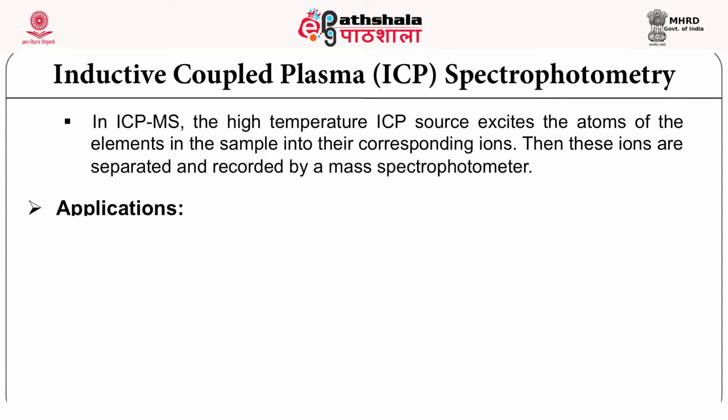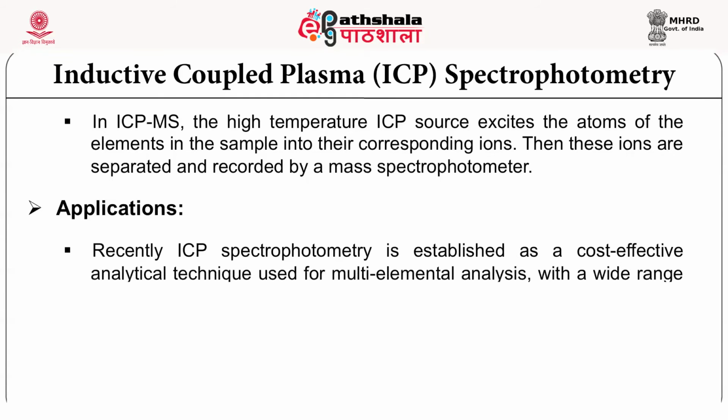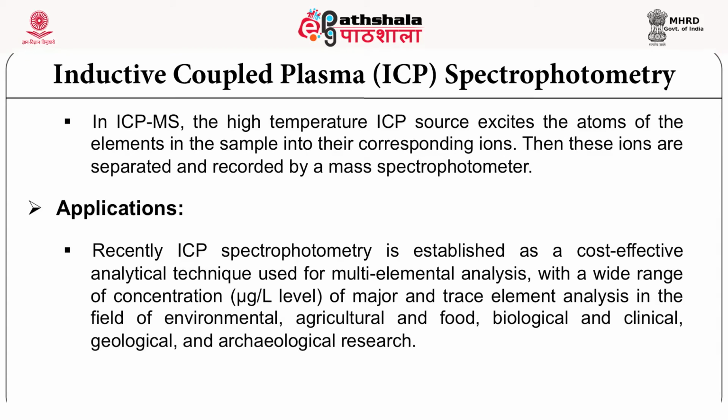Let us see the applications of inductively coupled plasma spectrophotometry. Recently, ICP spectrophotometry has been established as a cost-effective analytical technique used for multi-elemental analysis with a wide range of concentrations, from microgram per litre, for major and trace element analysis in the fields of environmental, agricultural and food, biological and clinical, geological and archaeological research.